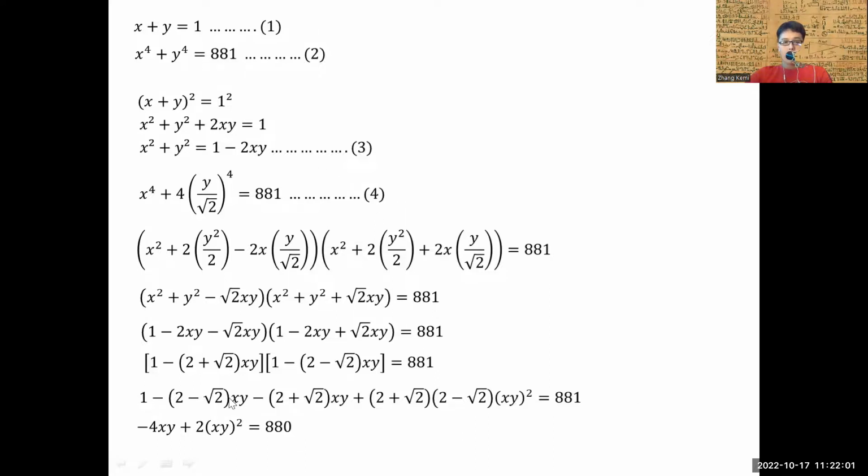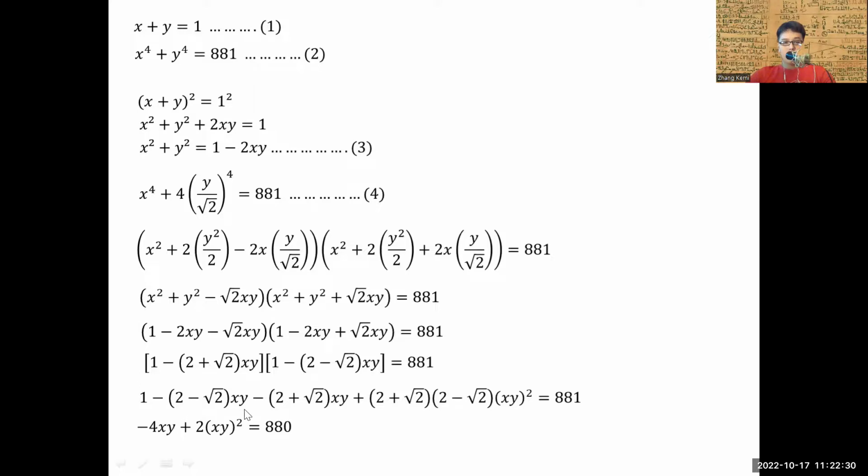Now on the left-hand side, notice, if I group these two terms together, what's going to happen? I basically have 2 − √2 and over here 2 + √2, and the minus sign we just bring out.